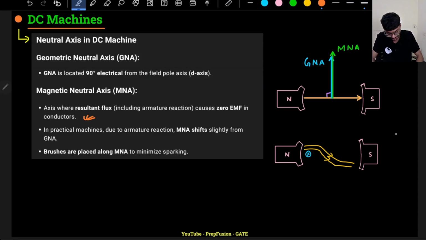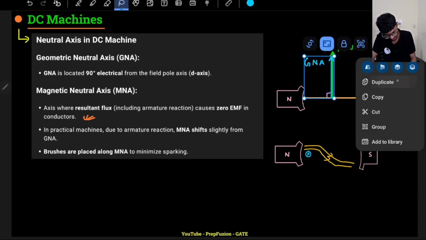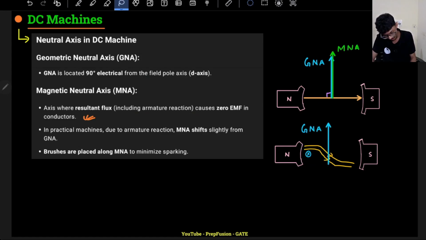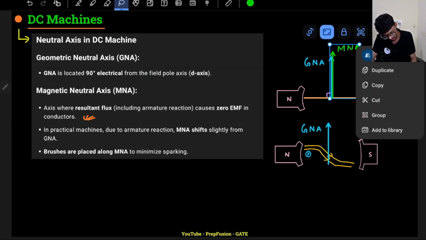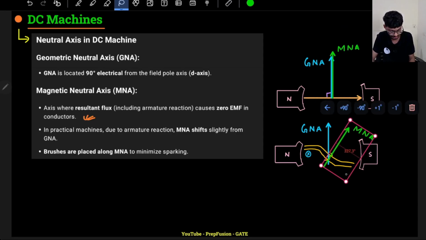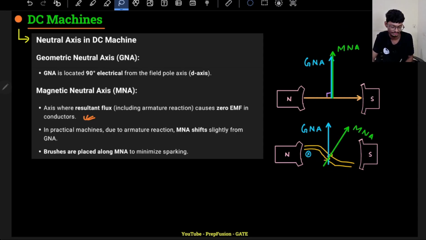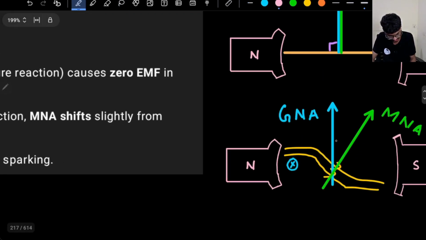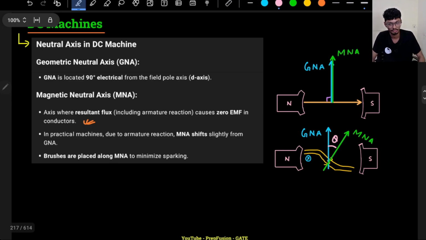In the second case, GNA does not change, it is a geometric parameter, but my MNA will change. MNA will be the place where the magnetic flux is now zero. So it is always 90 degrees to the resultant field line. So actually it is here. So there is a bit of mismatch between GNA and MNA. Whenever there is a mismatch between GNA and MNA, it will cause problems.